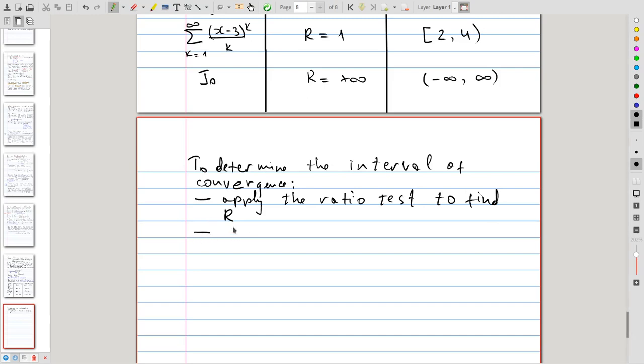And then, once you know R, you will want to inspect the endpoints for convergence. So let us illustrate this by an example.